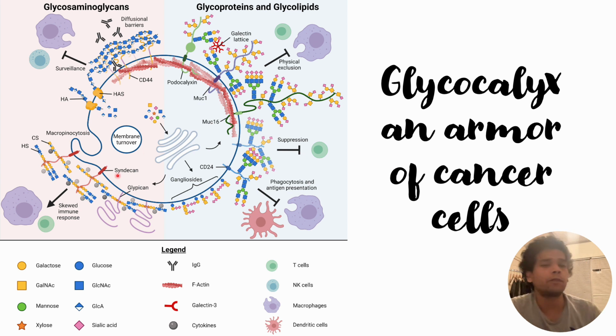Apart from O-glycosylation, one of the studies also showed that galectins in the tumor cells act as an immune suppressor, and are also correlated with the glycocalyx thickness.